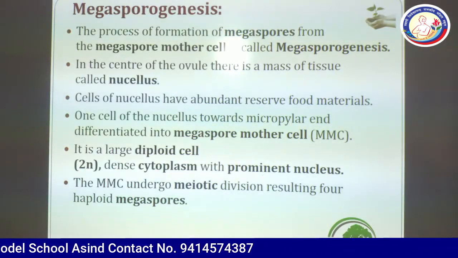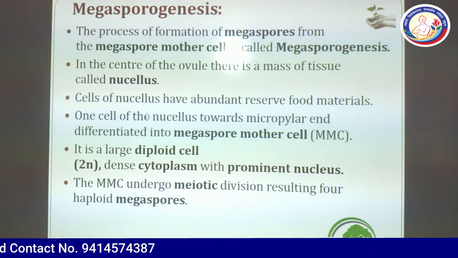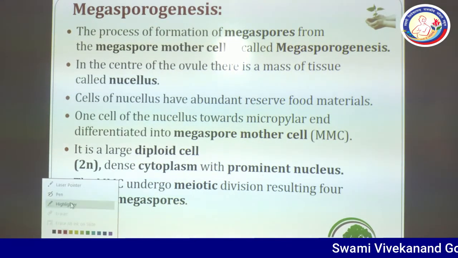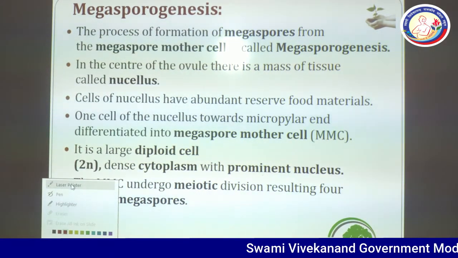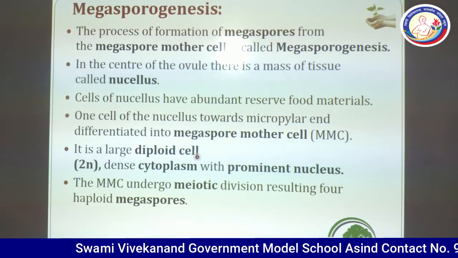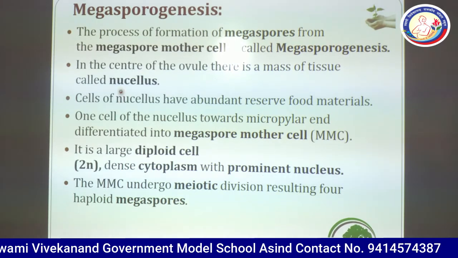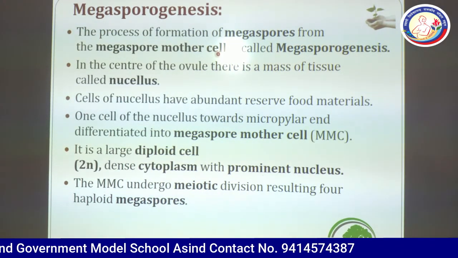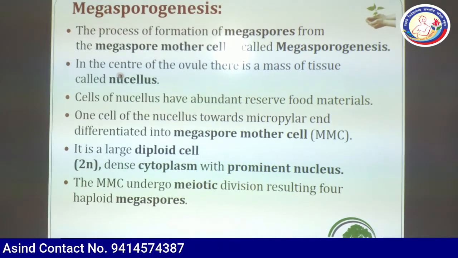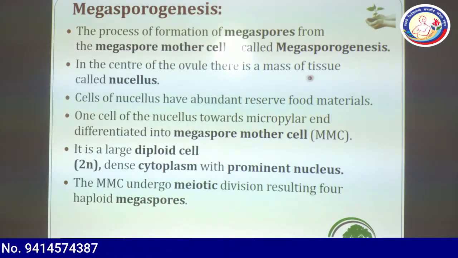Now the next topic is megasporogenesis. The process of formation of megaspore is called megasporogenesis. Megaspore mother cell participates in megasporogenesis, and in the center of the ovule there is a mass of tissue called nucellus.